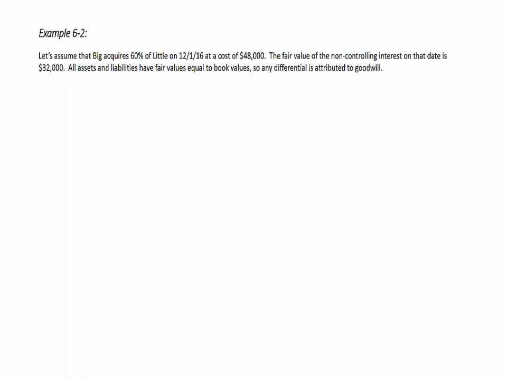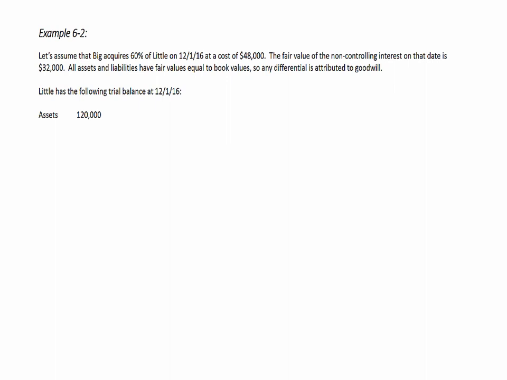The fair value of the non-controlling interest on that date is $32,000. And let's assume that all assets and liabilities have fair values equal to book values, so any differential is attributable to goodwill. And let's assume that Little has the following trial balance on the date of acquisition.